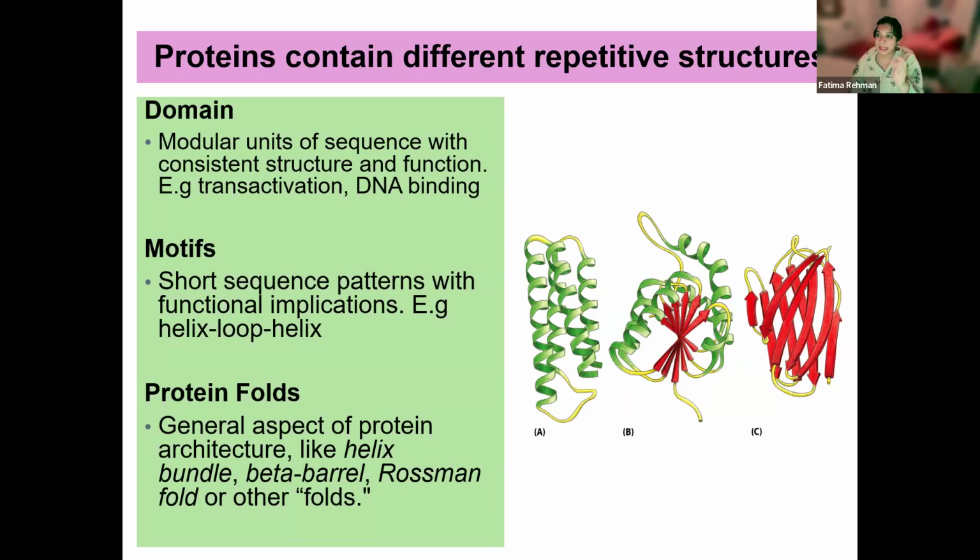So you can have these helix-loop-helix, so a small helix followed by a loop, followed by a helix, domain or motif that can allow this protein to bind to DNA, for example, right? So smaller elements, smaller short sequence patterns that when joined together create a functional group are called motifs. Domains are longer modular units of patterns that when found will either give you a structural domain or a functional domain.